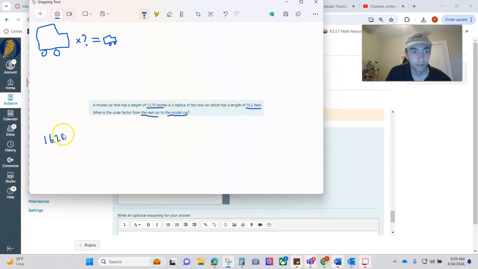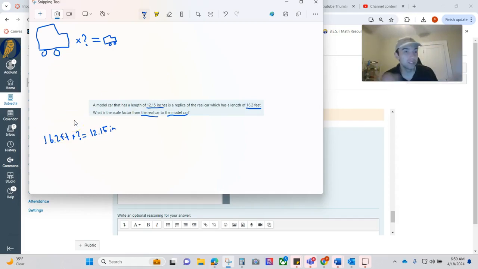16.2 feet times what equals 12.15 inches. Now, we can't do this problem yet because these numbers are in different units.